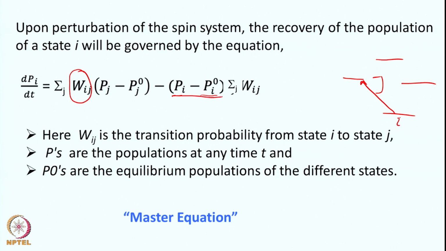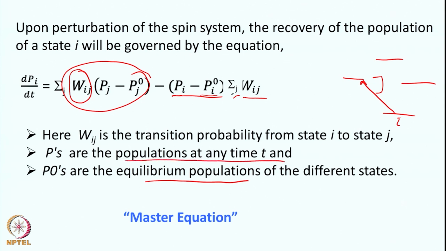These are subtracted, and then you sum over the transition probabilities over all jth states. So, the population difference between the j state and the i state, you sum over that, multiply with the transition probability, and that gives you the rate of change of population with time. As we discussed, the P0s are the equilibrium populations and Pj is the population at any time t.